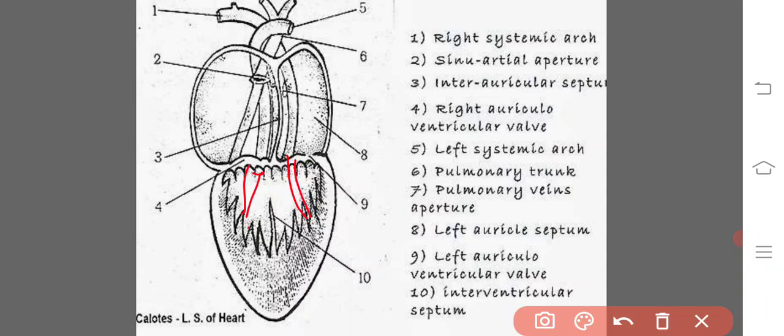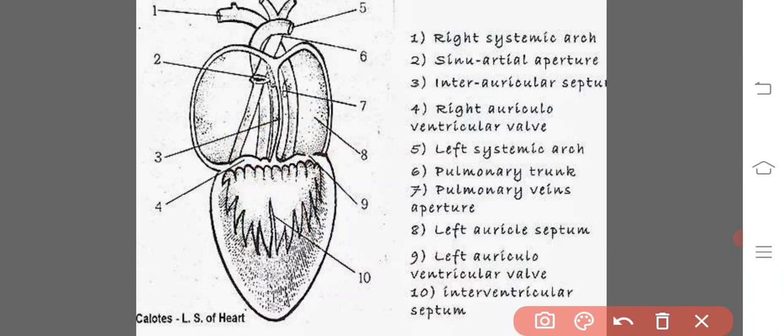The columnae carneae and valves of the auriculoventricular apertures get attached by the small fibers called the chorda tendineae. Then the right and left auriculoventricular apertures are guarded by a single semilunar flap called the auriculoventricular valves. Here, these apertures are guarded by the auriculoventricular valves. It prevents the backward flow of the blood from the ventricle to the auricles.